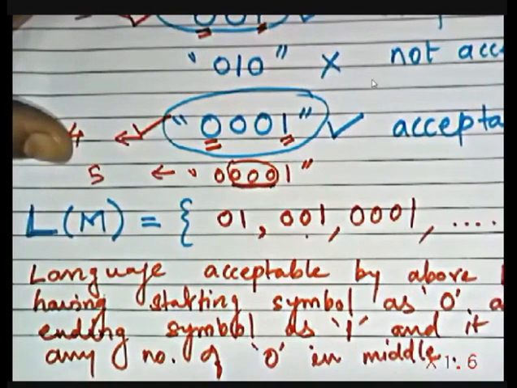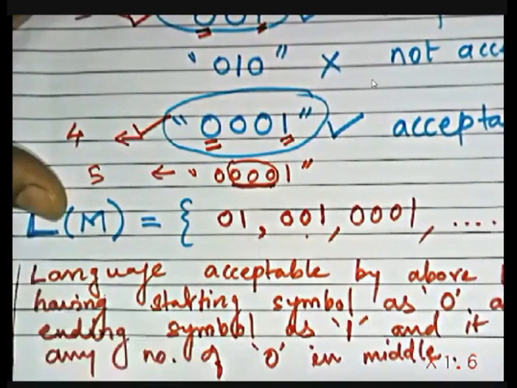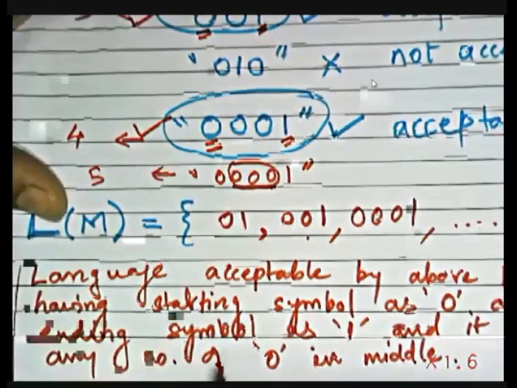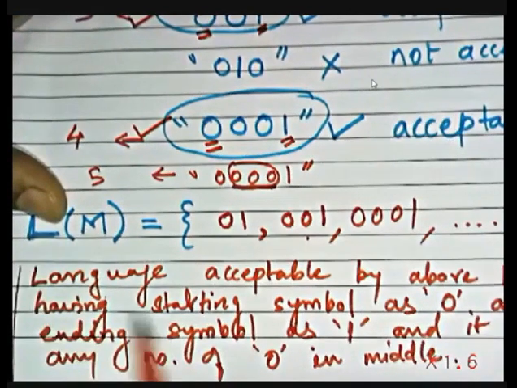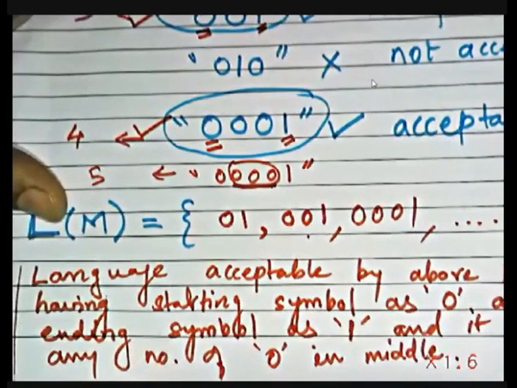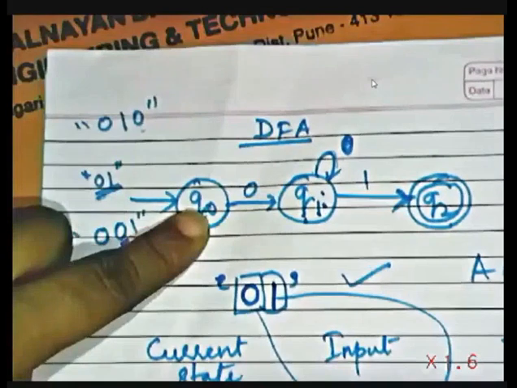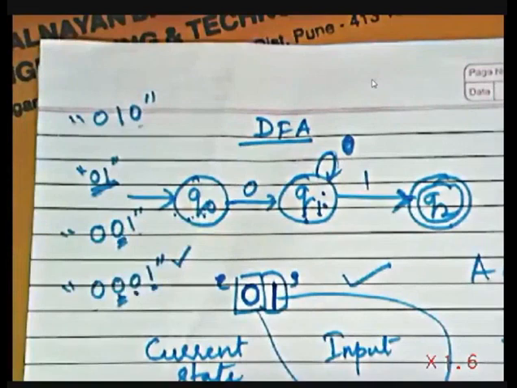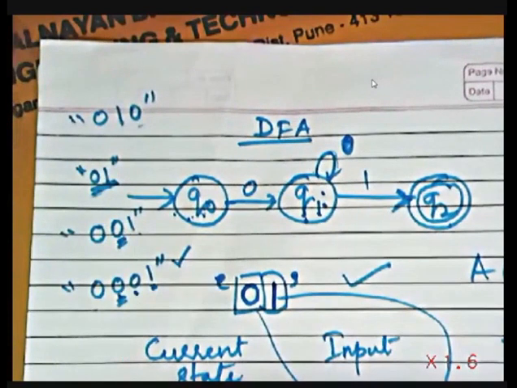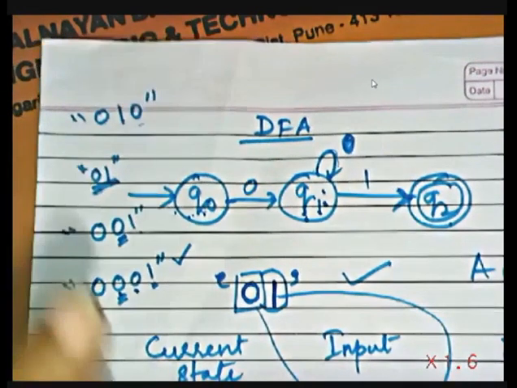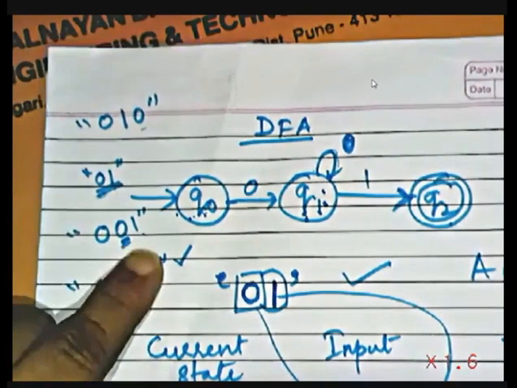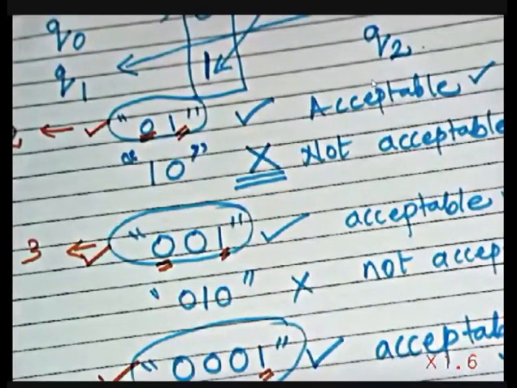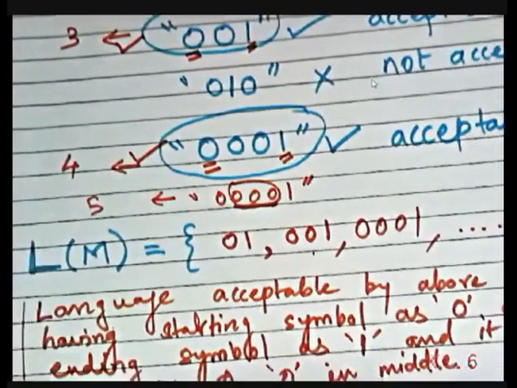So now if I represent my finite automata, I can say that I have designed a finite automata which is accepting a language having strings starting with 0 and ending with 1. Other strings will not be acceptable by the finite automata.